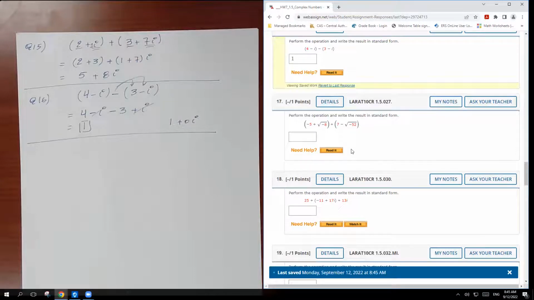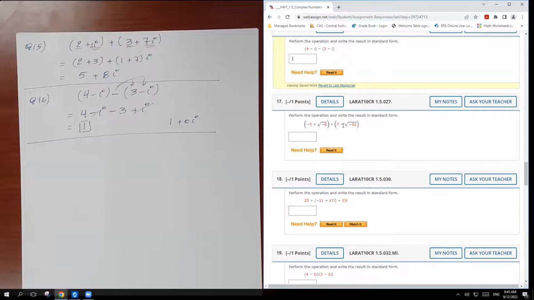Question 17, we're going to do exactly the same thing, but now there's no I. So we have to convert these two numbers to a number with the I. Then we can add the result.